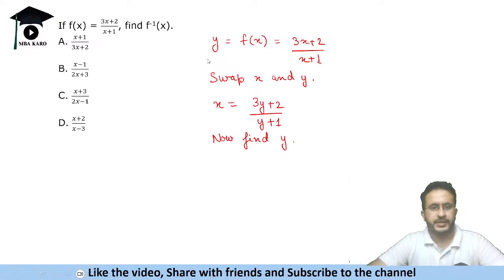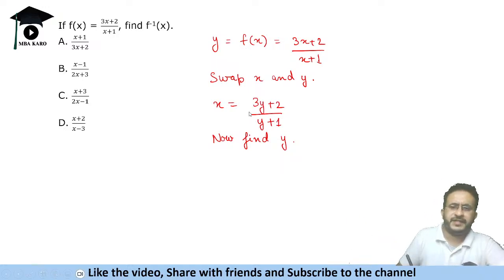So what do you get? Also solve कर लो. Like I told you that you need to find the value of y. Okay, so let us find the value of y.